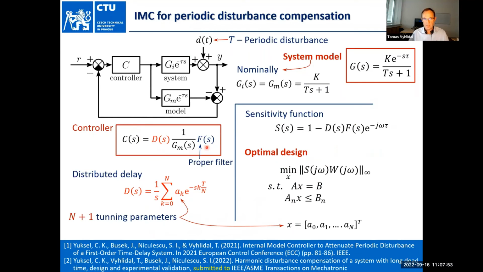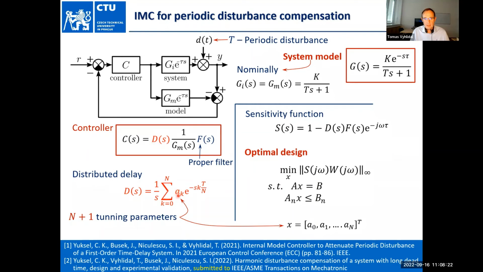Again, it's based on the internal model control principle, but now we optimize the structure of this distributed delay. We have a distributed delay here, and we can also have another filter to gain the feasibility, or actually it doesn't have to be here at all. We can have only the distributed delay, and that's it, in the controller.